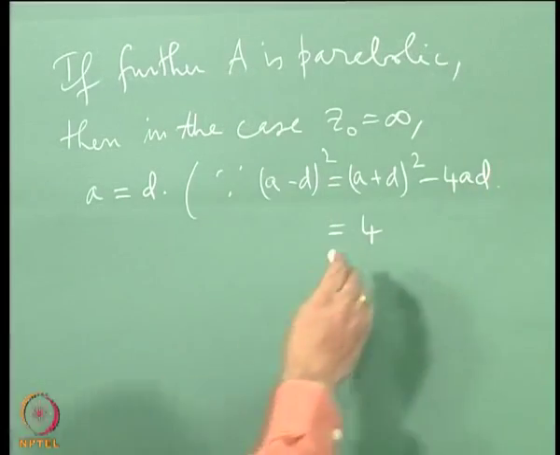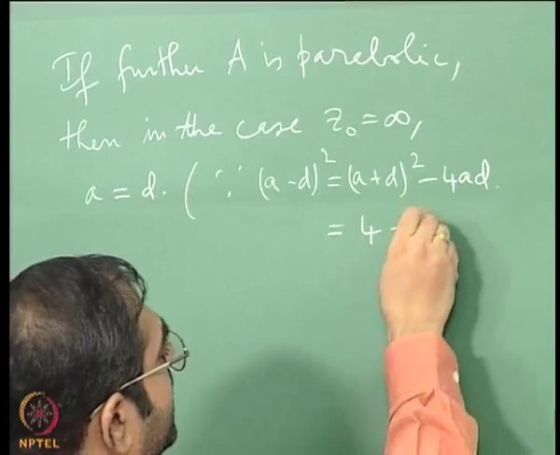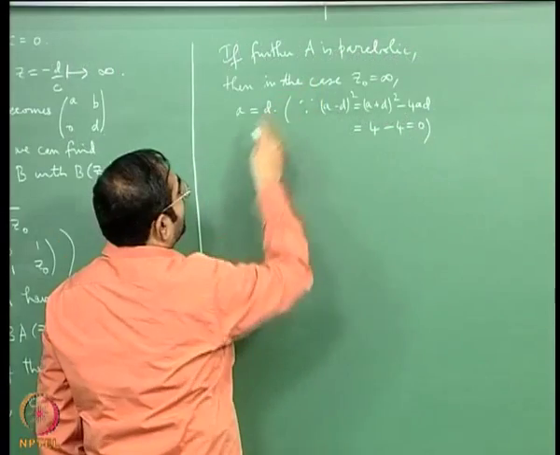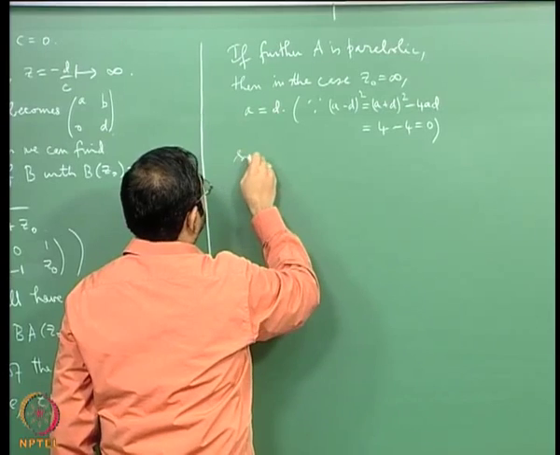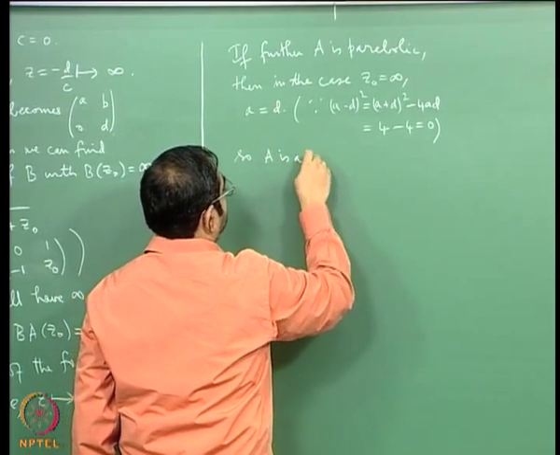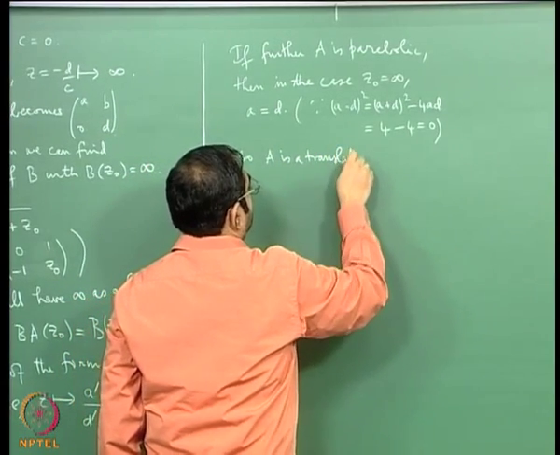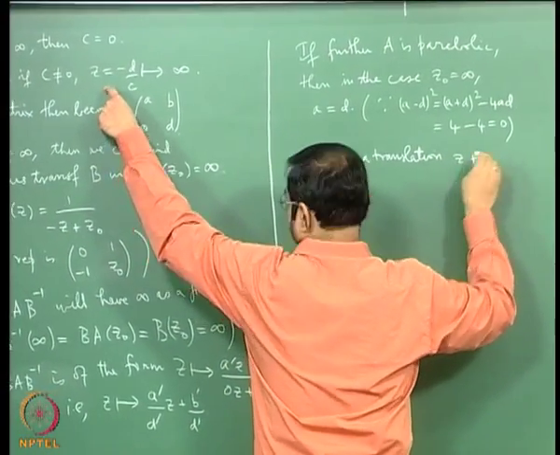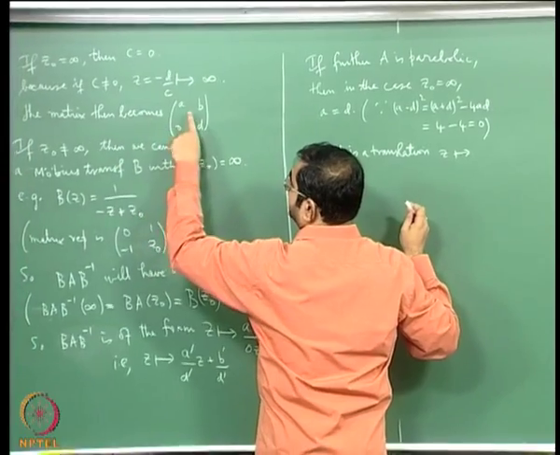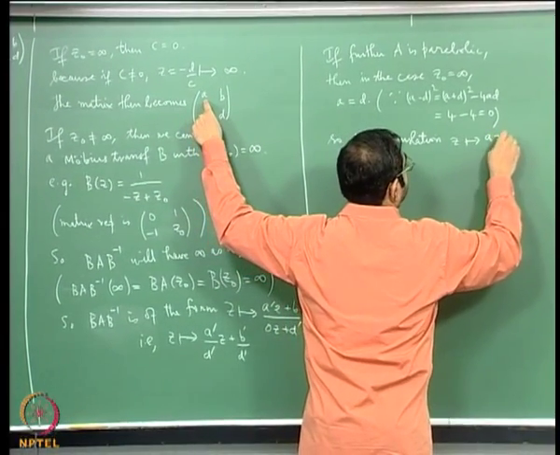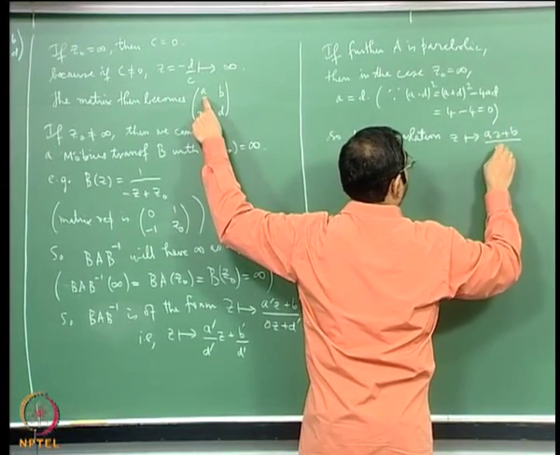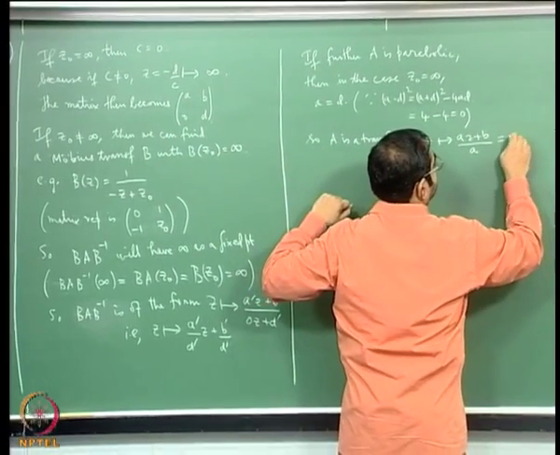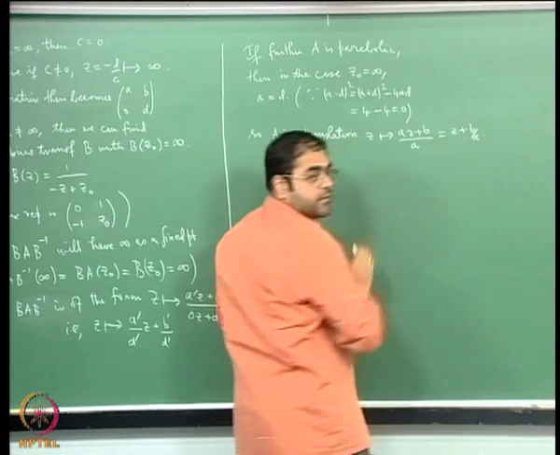So this is going to be 4 minus 4, so it is going to be 0, so A will be equal to D, and so A is a translation, namely Z going to AZ plus B by D, which is A, which is just the same as Z plus B by A. Okay.